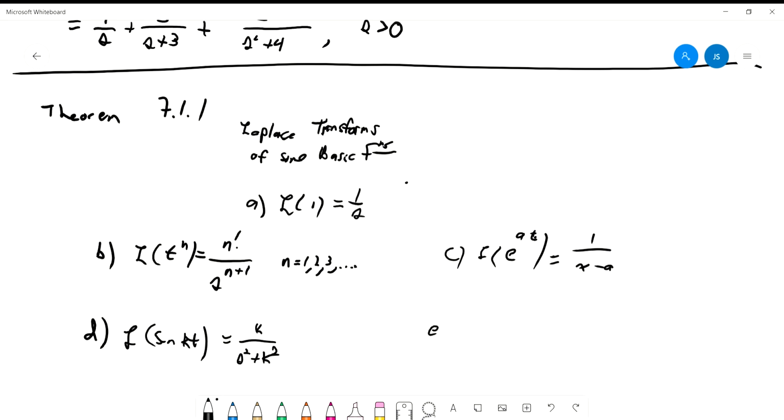E, the Laplace transform of cosine of kt is equal to s over s squared plus k squared.